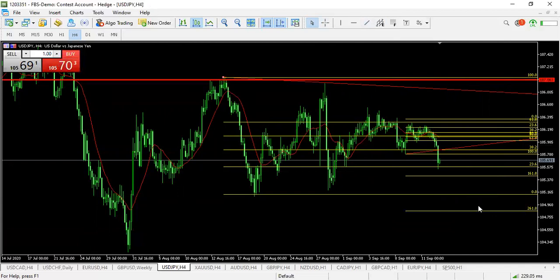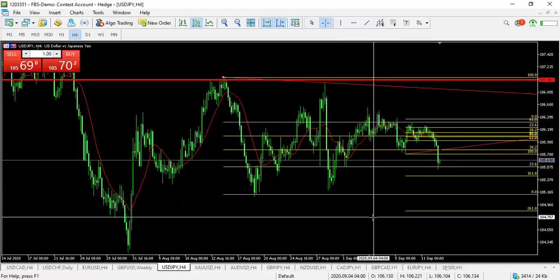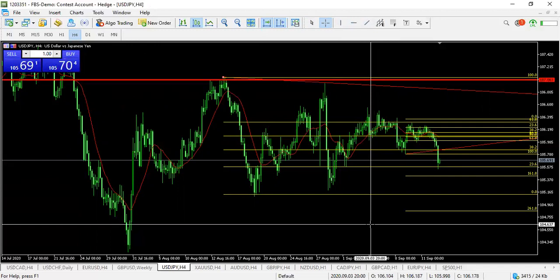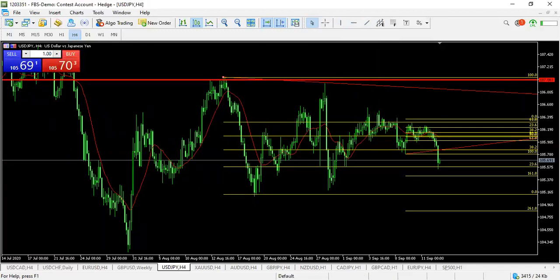Between these two levels is the buy zone, and obviously the sell zone would be here at 107. If the pair gets to this zone, then I'd consider buying at 105.1 and 104.8. My stop loss would probably be at 104.6 or something like that.